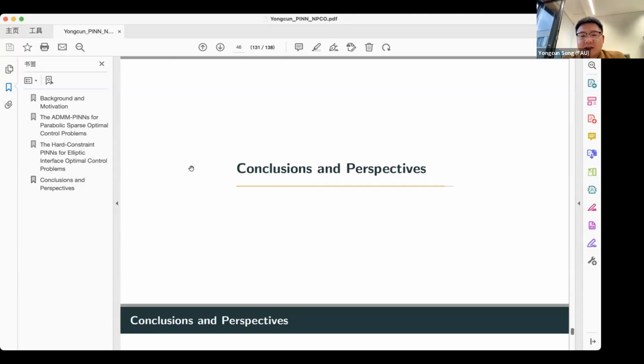In our case, if we use a mesh size of about 1 over 100, the objective functional is comparable to the PINNs. But if we decrease the mesh size, then the objective functional value can decrease. But for the PINNs, it seems to stay stable even if we add some training points. Okay, I see.